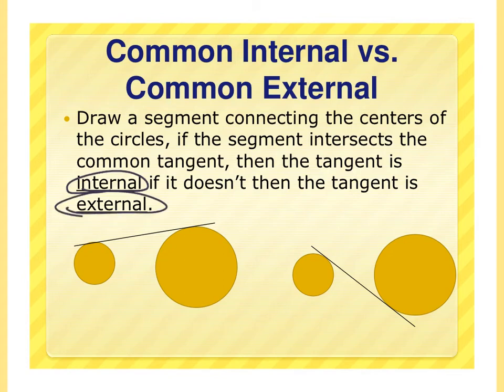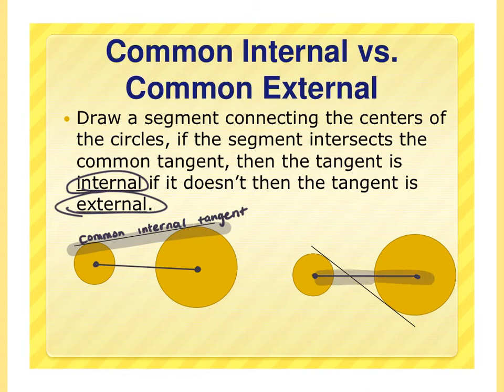So if you could picture this, if I were to connect my two centers with a segment, and my tangent doesn't cross it, which is this first one, then this is a common internal tangent. If it does cross it, like this one, then this is a common oh, nope, that's reversed. Sorry, hang on, this is external.